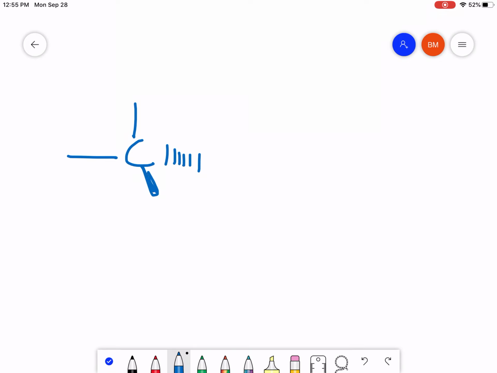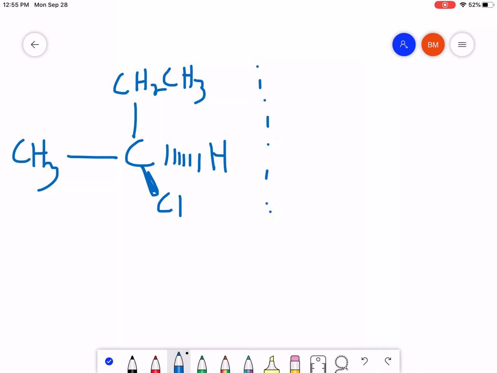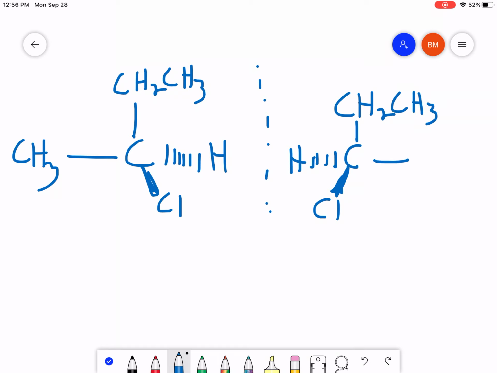If I want to draw the enantiomeric pair, I can put everything arbitrary. For the first one, I'll just put the ethyl group up here, methyl group over here, Cl over here, and the H over there. And then all you have to do is draw the reflection, draw the mirror image. So yeah, you can convert back and forth from skeletal to condensed in any of these.